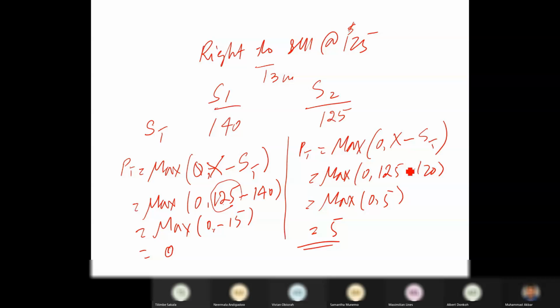Why? I can sell it for 125, exercising my right. If I go to the market, I can sell it only for 120. So it is better to exercise my right and sell it for 125 than selling in the market for 120. So this is how you can calculate the payoff from the option if you have the right to sell. Any question on these two, please?